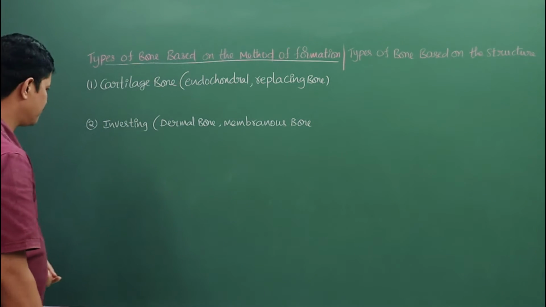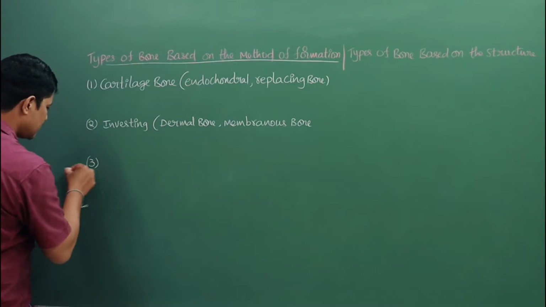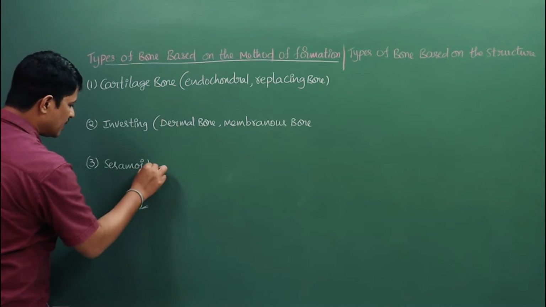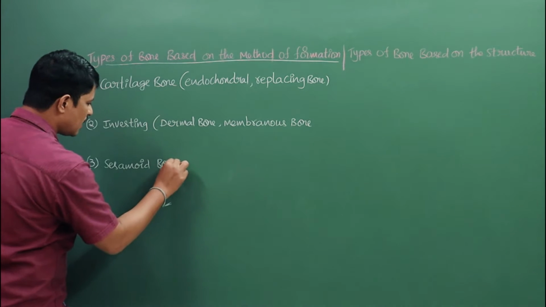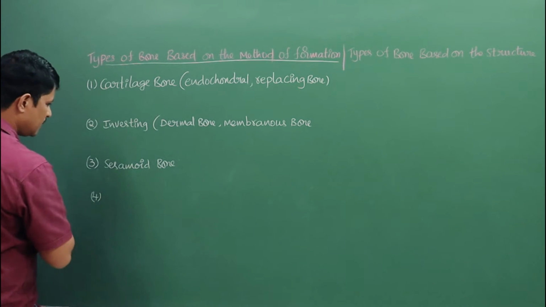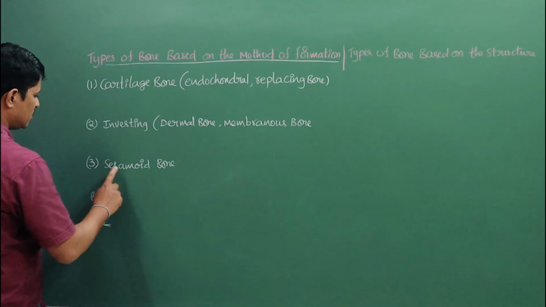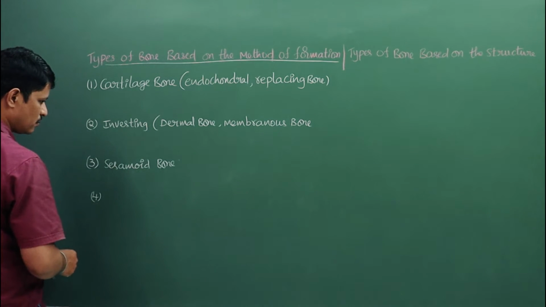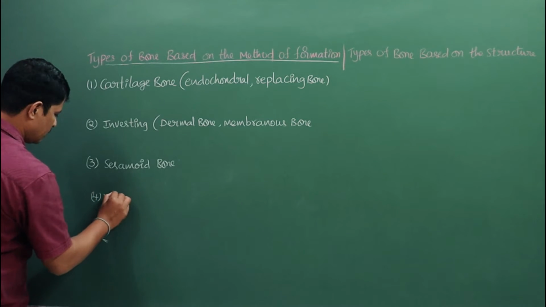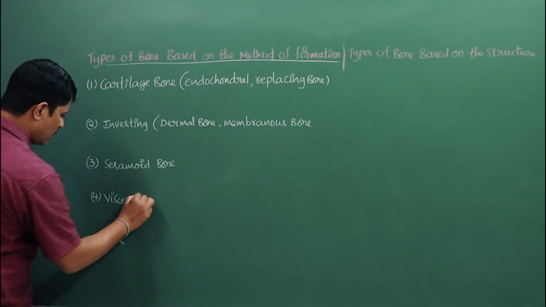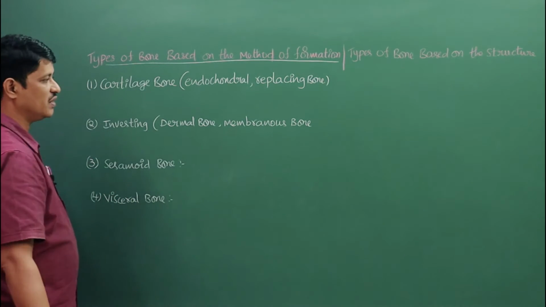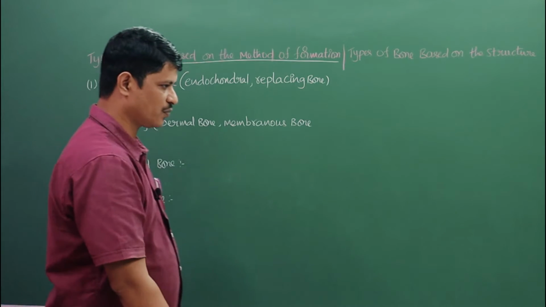The third one is sesamoid bone. And the next one is visceral bone. These are the different types of bone.